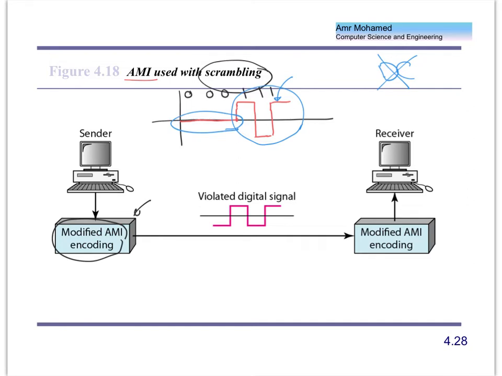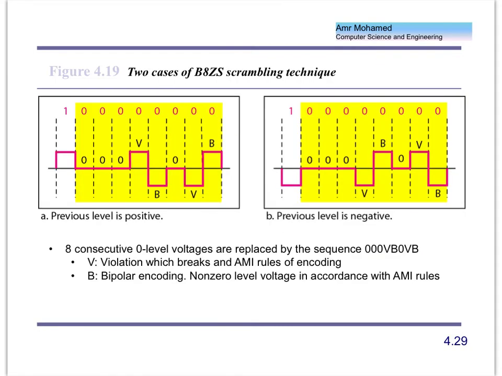Let's take the consecutive zero sequence and try to tweak it a little bit, and remember, we need to do this in such a way that we do not add any overhead.